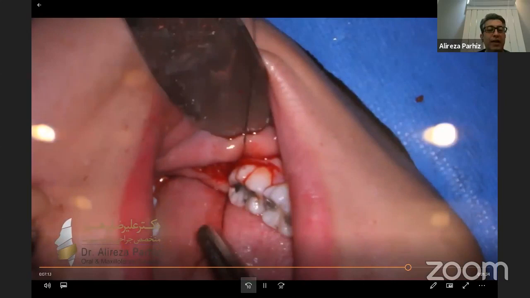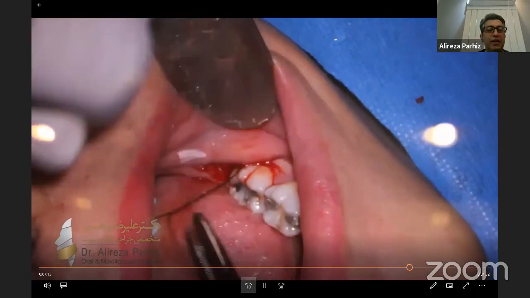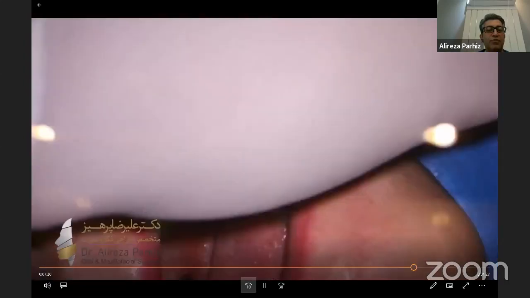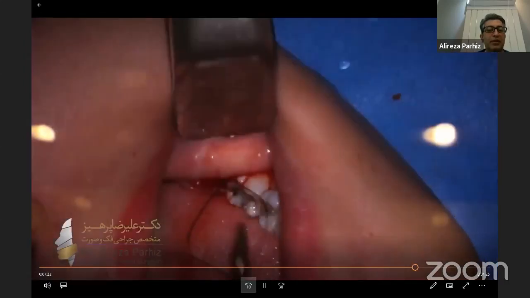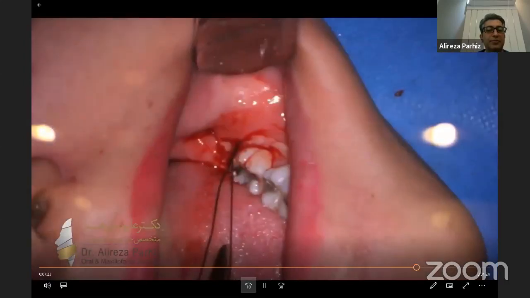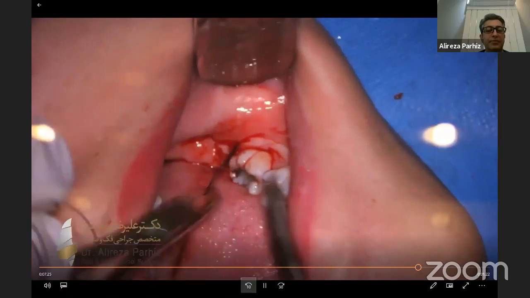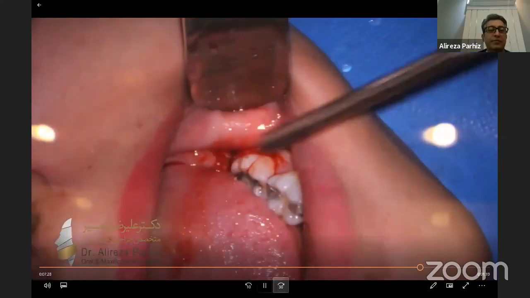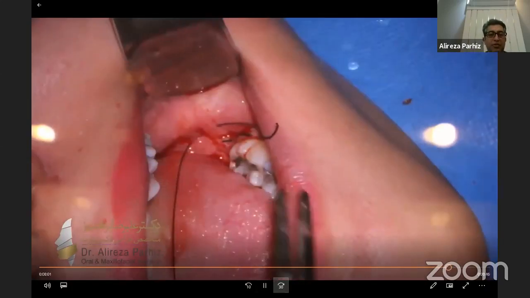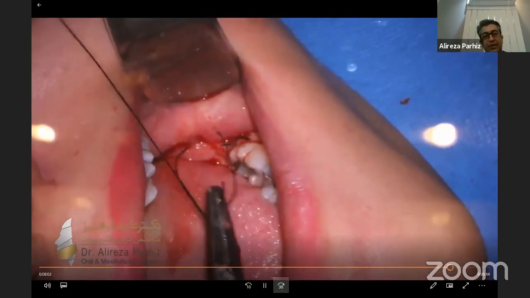Otherwise, we will have a periodontal defect at the distal part of the second molar. It's very bad. And at the end, another suture at the releasing incision on the anterior border of the ramus.